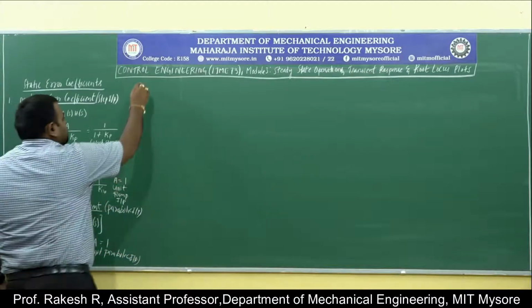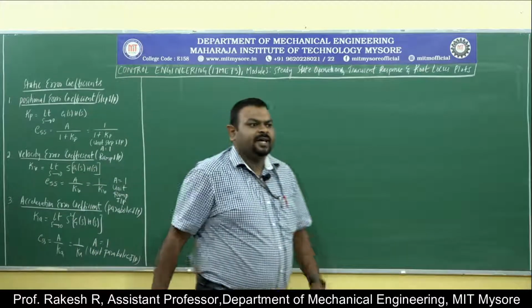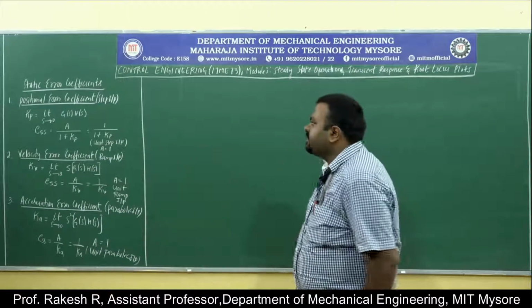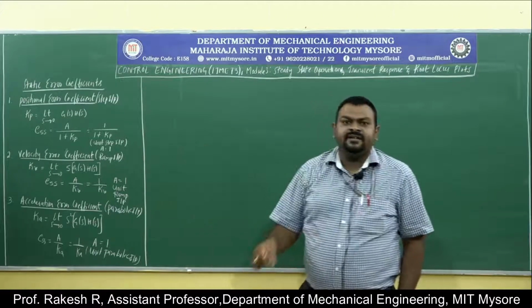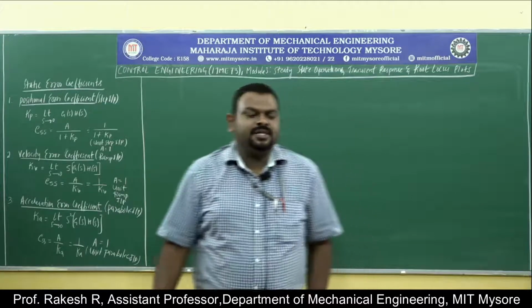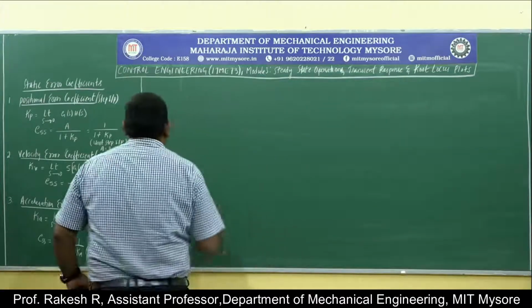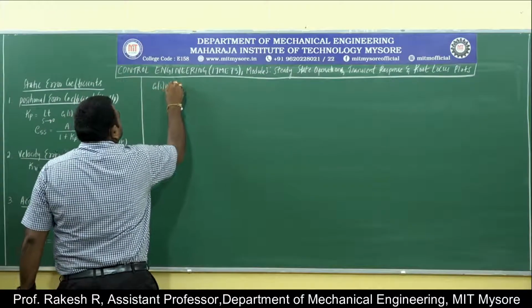So these are the things we derived. Why have we derived them? Keeping this in consideration, we will define the steady state error for different systems. The different systems are segregated based on the open loop transfer function g of s h of s.